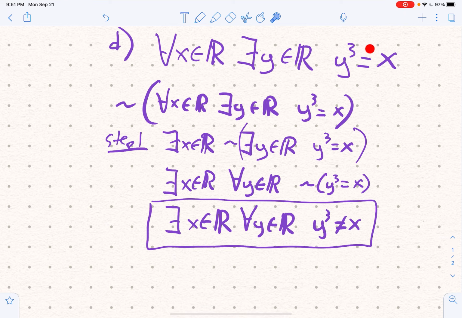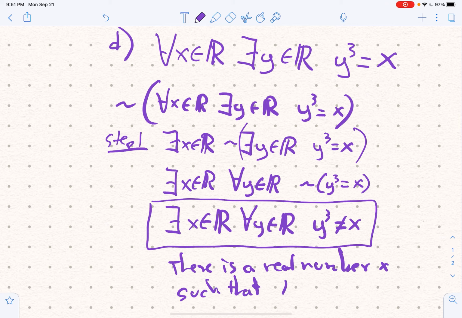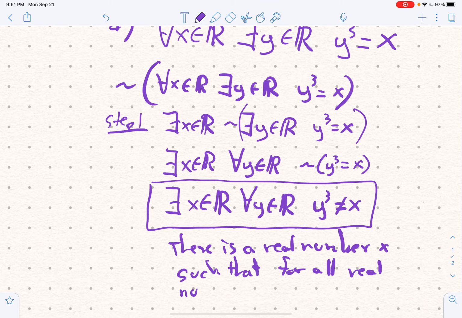If this is not the case, then there must be some x you can give me such that no y works. Yeah? So if this is wrong, if it's negated, then there must be a real number x such that for all real numbers y, we don't have y cubed equal x, or y cubed is not equal to x.